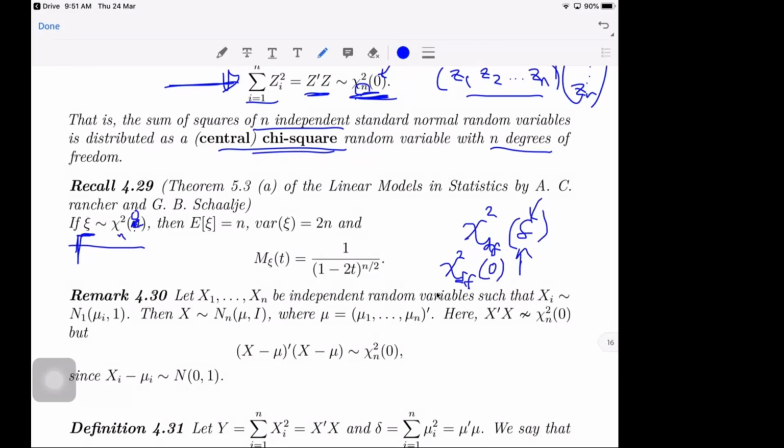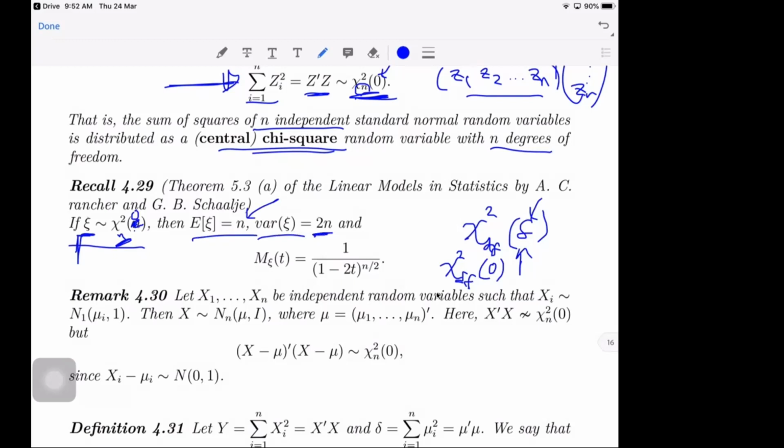So if it is central with n degrees of freedom, then the expected value of your random variable, which is chi-square distributed, is equal to the degrees of freedom. And the variance of your chi-square distributed random variable will be twice the degrees of freedom.